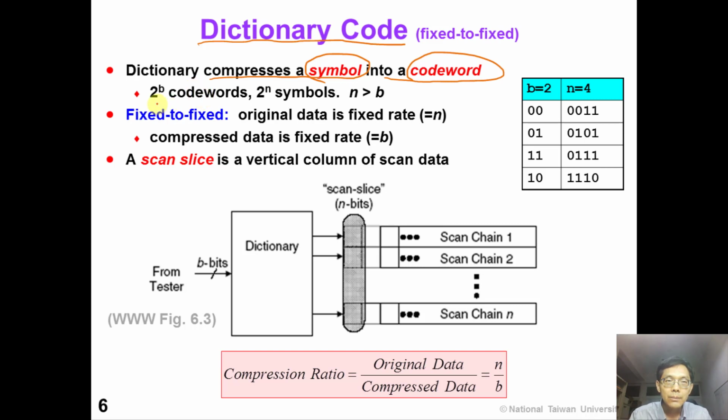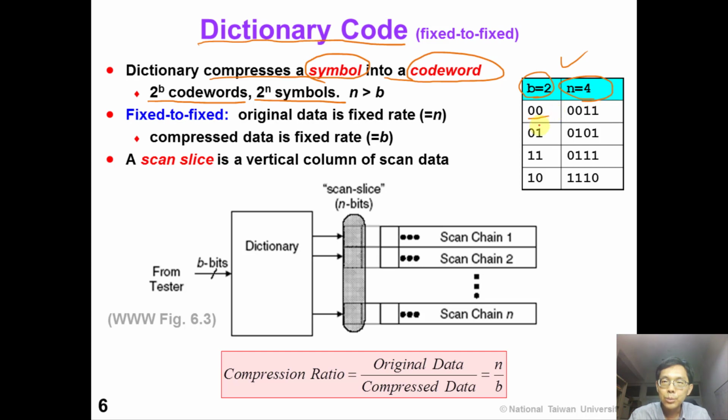Typically, the number of bits in the code word is much smaller than the number of bits in the symbol. For example, for this simple dictionary, the number of bits in the code word is 2, and the number of bits in the symbol is 4.